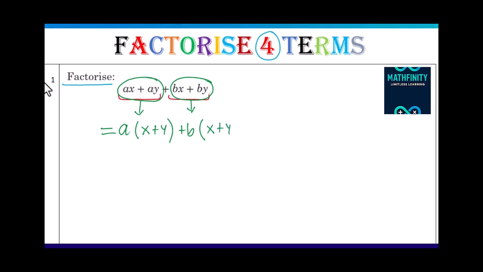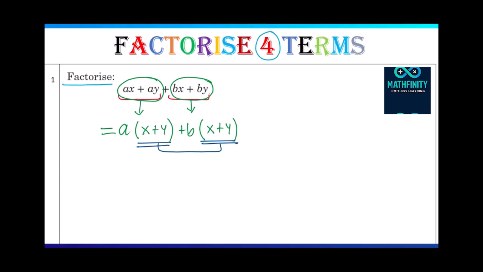X plus y. Till here, if you want to check that you did everything correctly, then you have to concentrate on the brackets. If these two brackets are the same, it means you did everything correct till here.